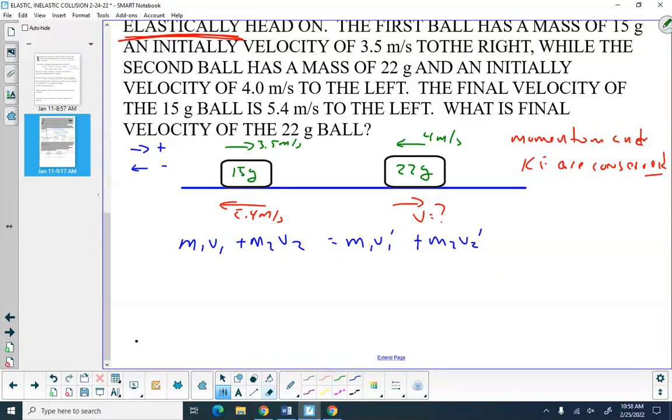So summing in, we have 15 times 3.5 plus 22 times a negative 4. Need to make sure we get our negative in there since we're going to the left. That is equal to 15 times V1 prime, which is negative 5.4.